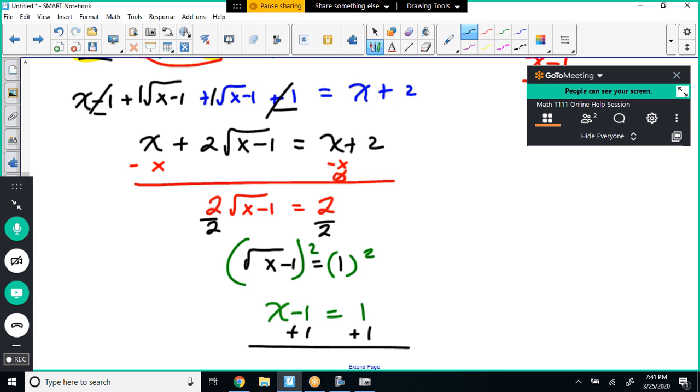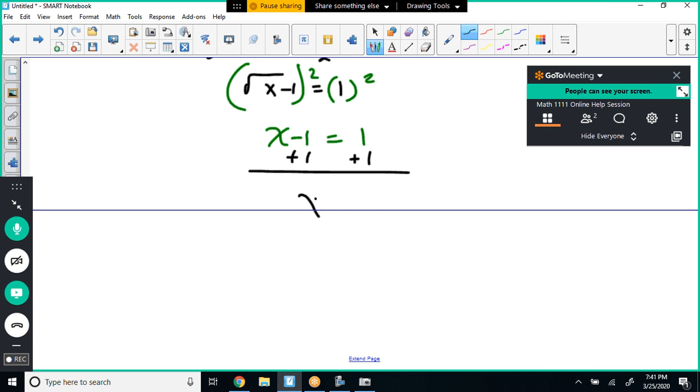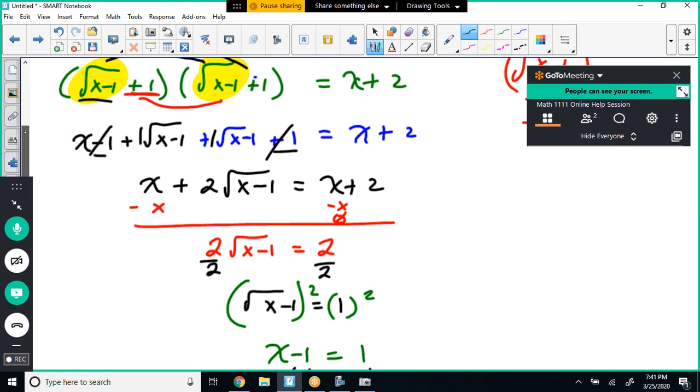And then I'm just going to add 1. So x equals, guess what? 2. Now, I'm not sure if that 2 is even a viable solution. After all that work, it could have been just a dud, right? So let's go check it.